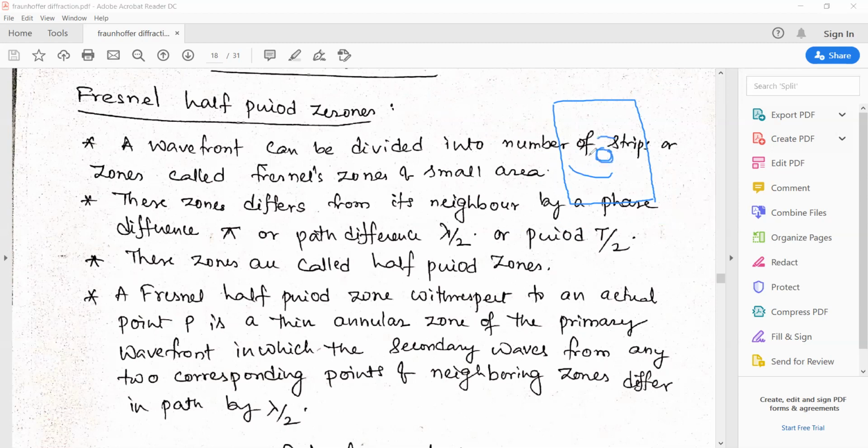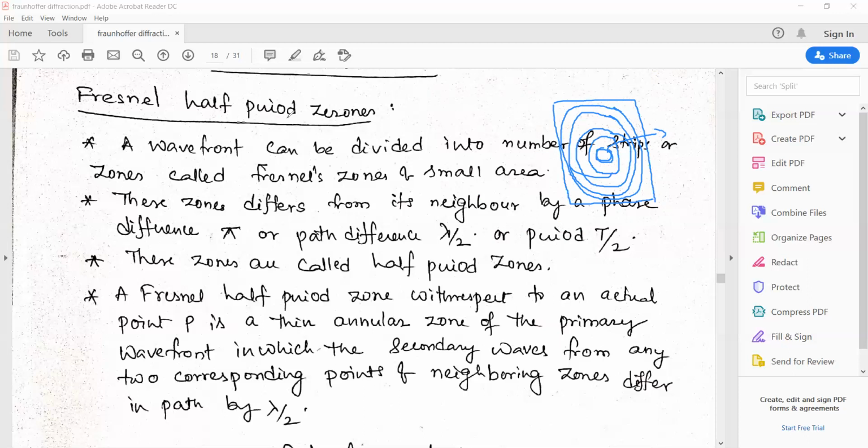One strip, second zone, third zone, fourth zone. So he divided the complete wavefront into a number of strips or zones. Each zone is called a Fresnel zone. This is first zone, second zone, third zone, fourth zone, fifth zone, like that. 10 zones are there. These zones are called Fresnel half-period zones.